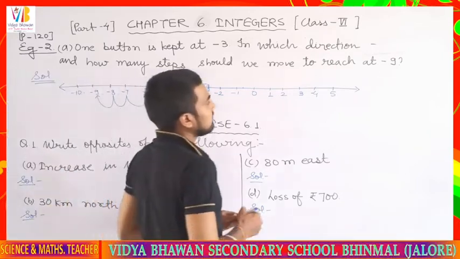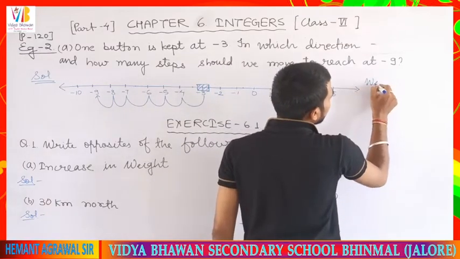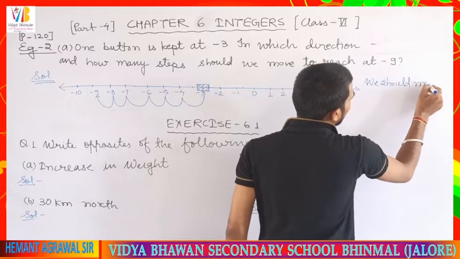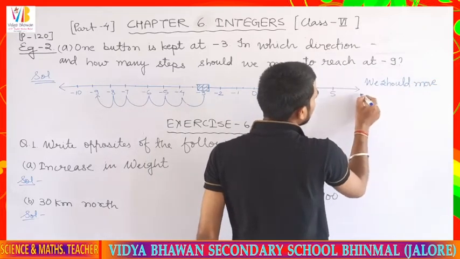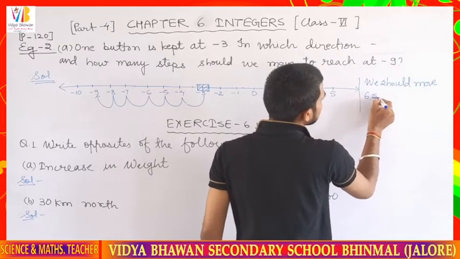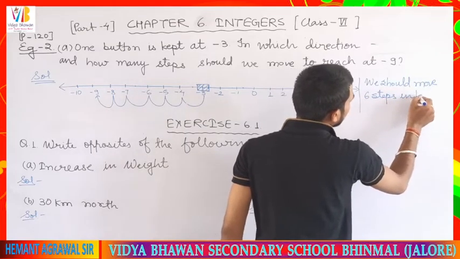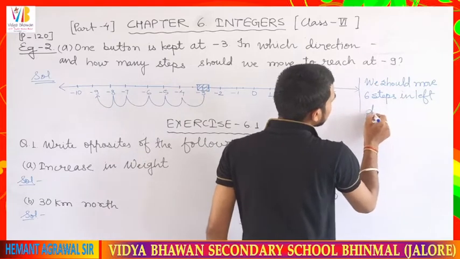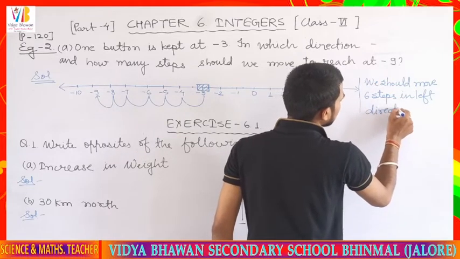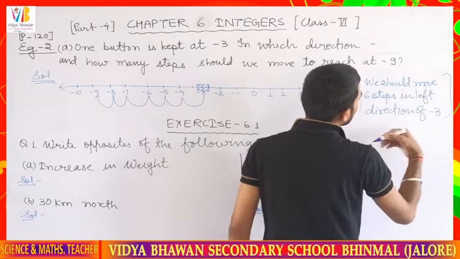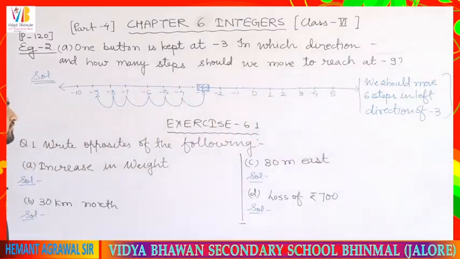Hence we can write, we should move 6 steps in the left direction of -3. This is our answer.